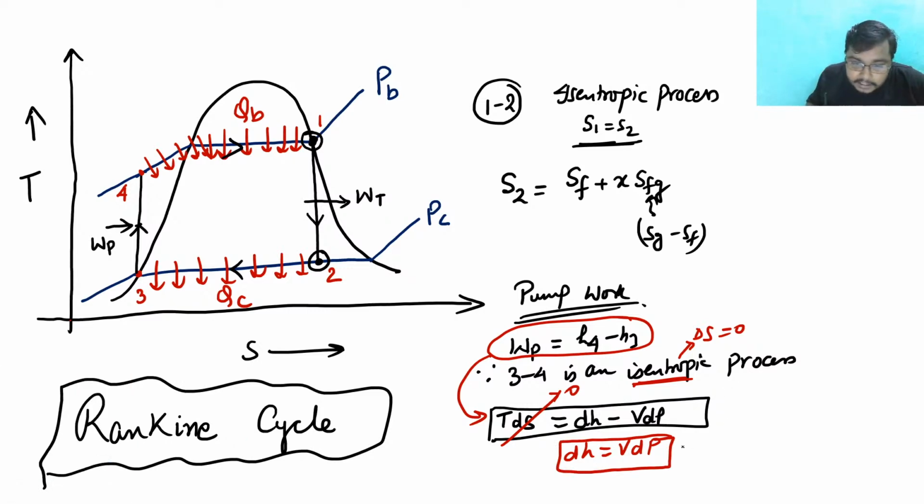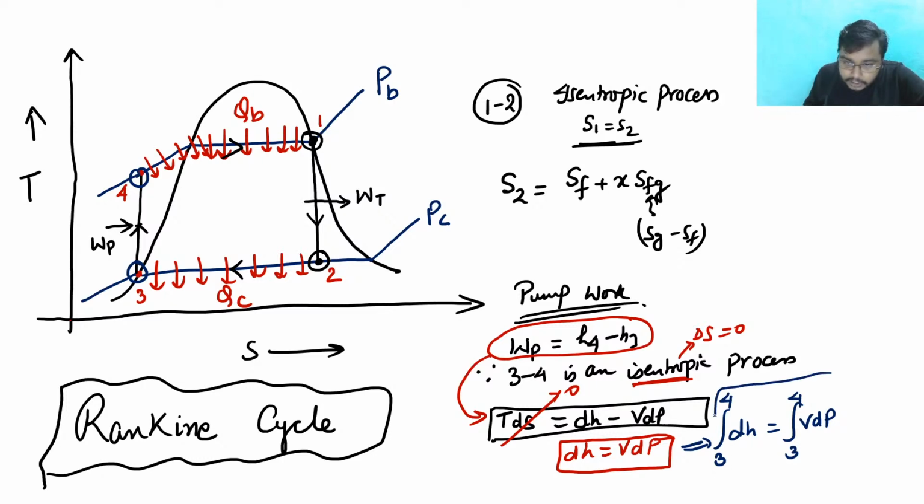Integrating, this is from state 3 to state 4, and hence the pump work can be written as, see here, H4, let me write it here. So this is what we have got till now.